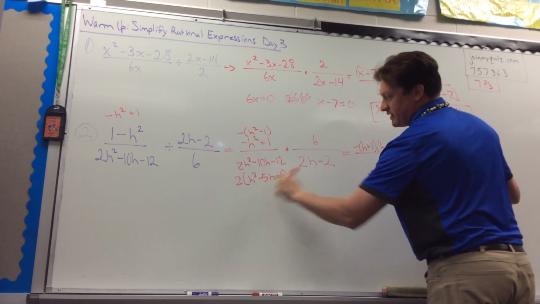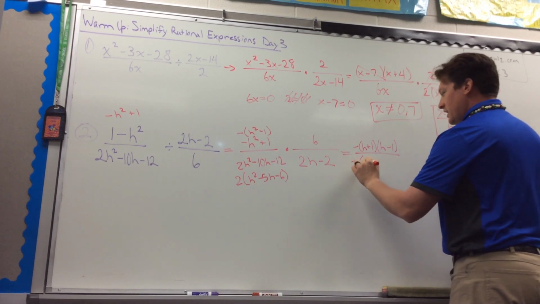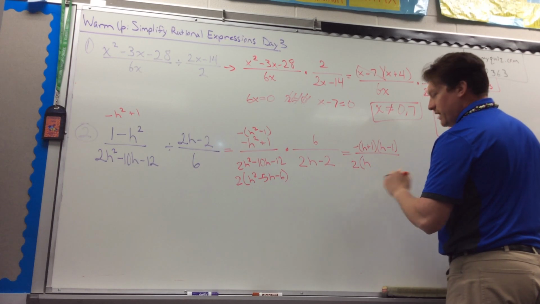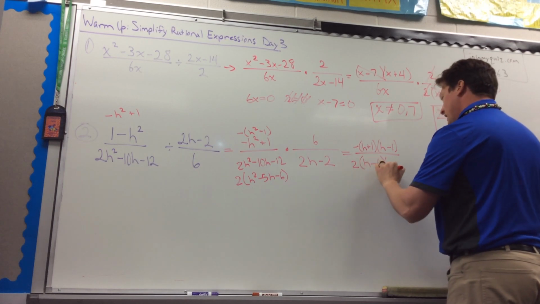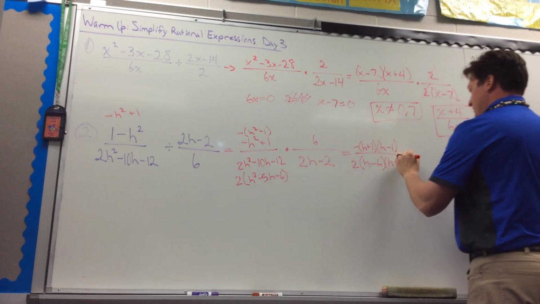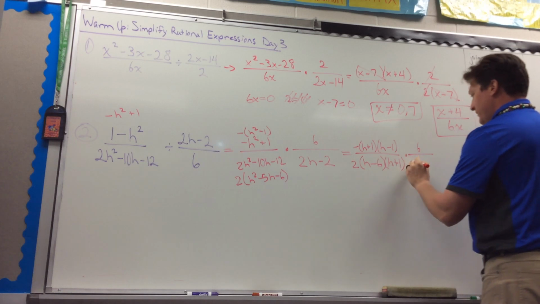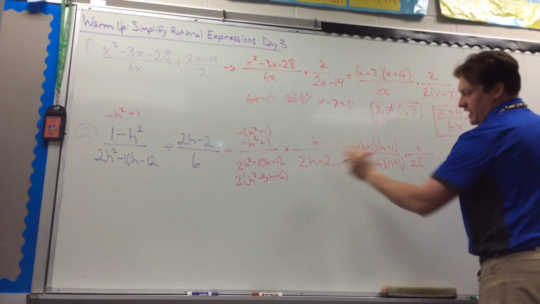So factors of 6 that give me 5, 6 and 1. So I have 2, h minus 6, h plus 1. I go over here, 6 is just 6. And then down here I can take out a 2, and that gives me h minus 1.